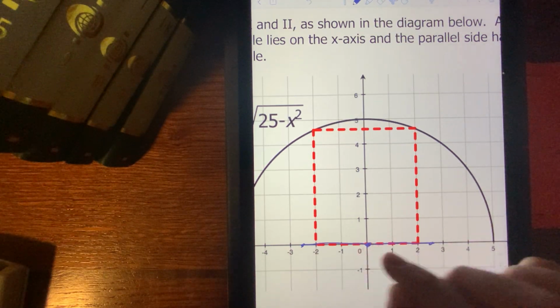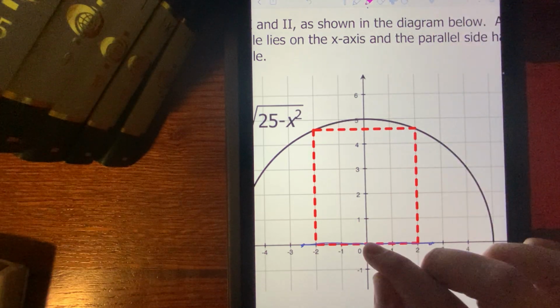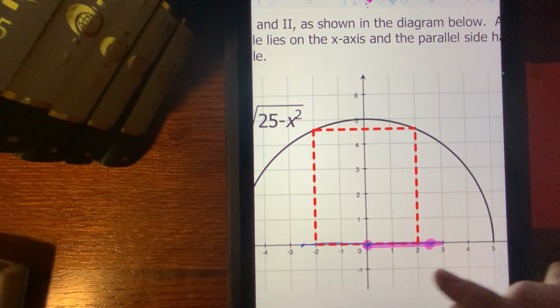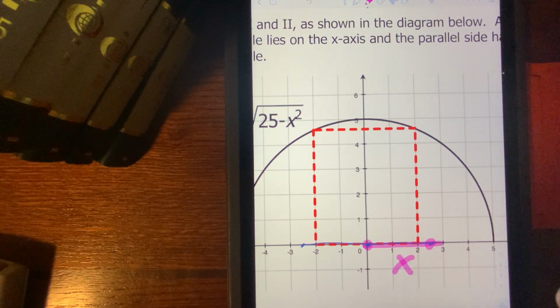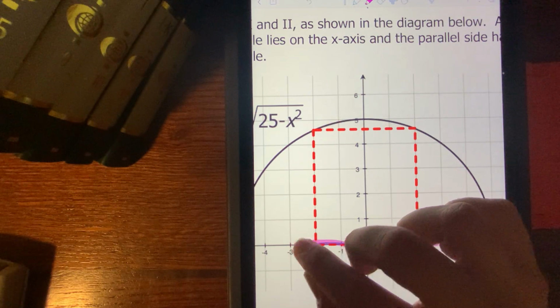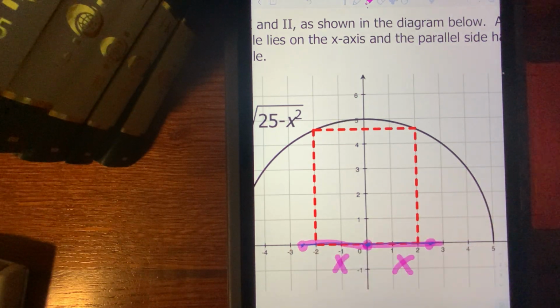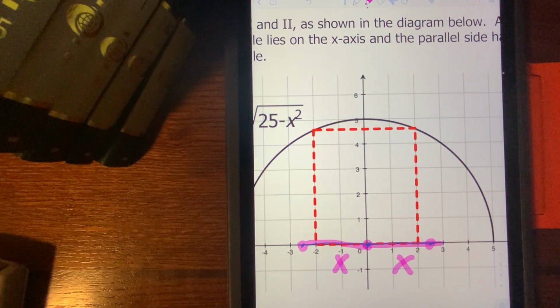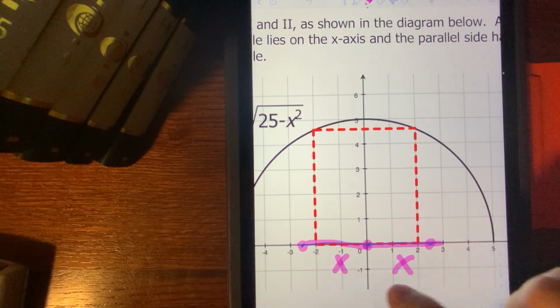Well, I could call that length from here at the origin to wherever I land, I could call that x. But if I go x in that direction, I've got to go x in that direction, which means that my width, and we've seen this before, I think it was on worksheet 1, the width of the general rectangle is 2x.